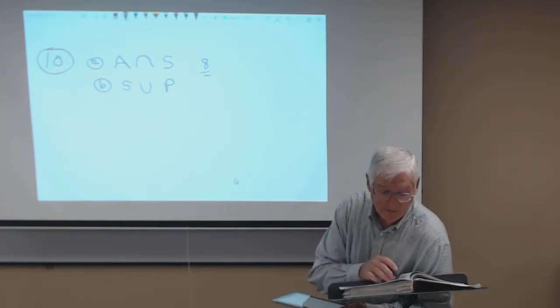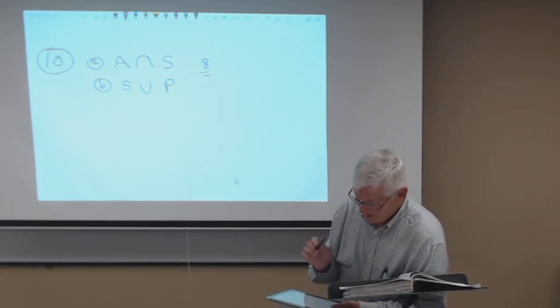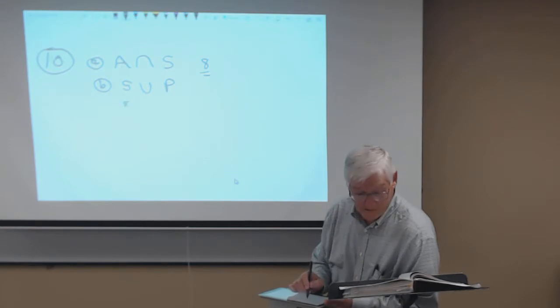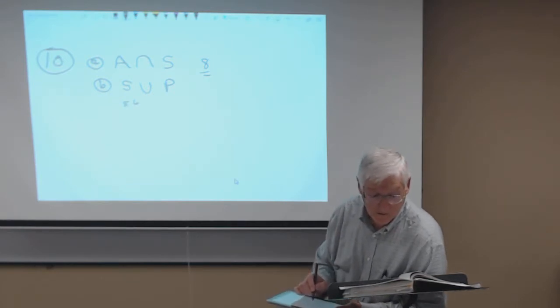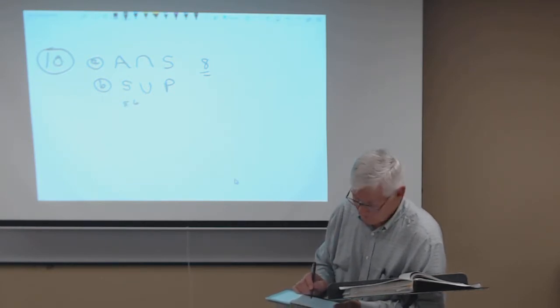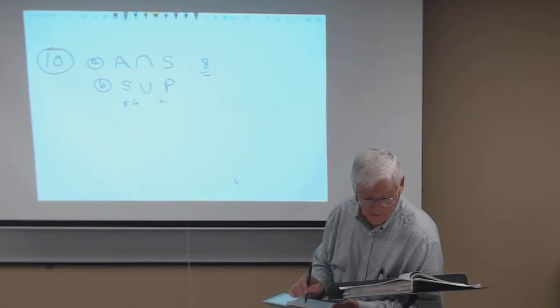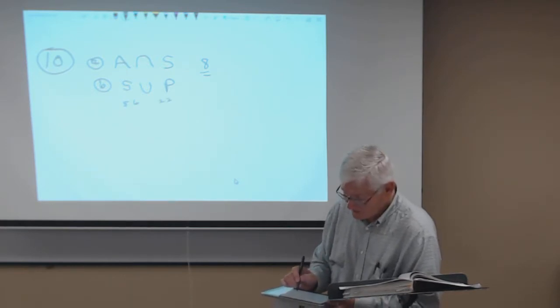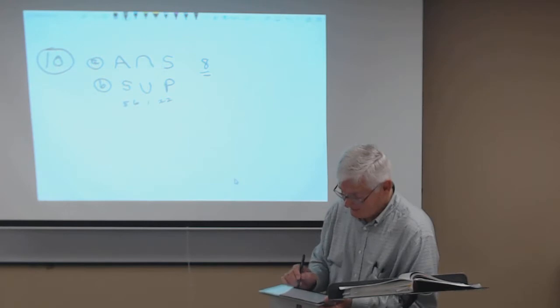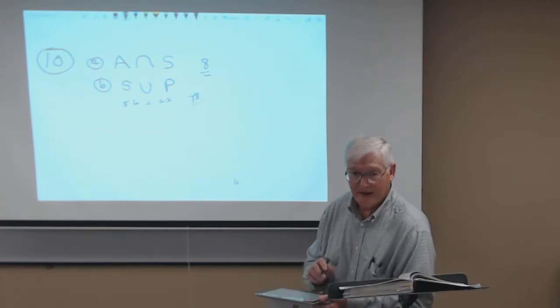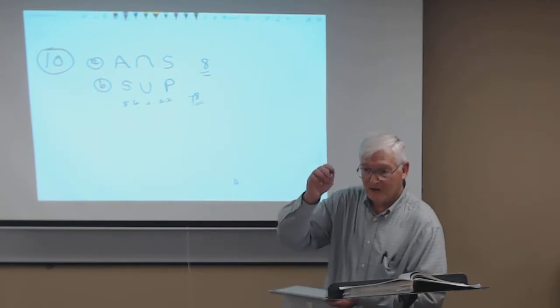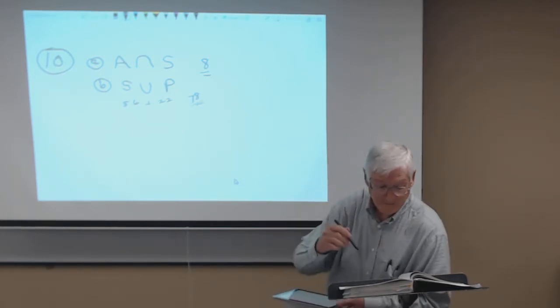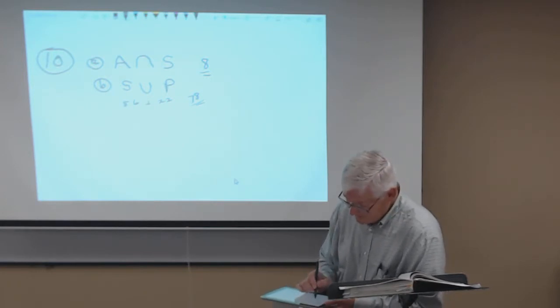How many people in purchasing? 22. So what's the answer if you unite them? 78. Everybody see that? See how we're reading the chart? You follow what's happening? Well, let's do another one.